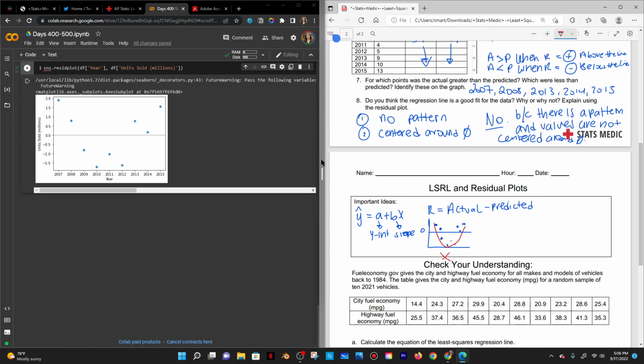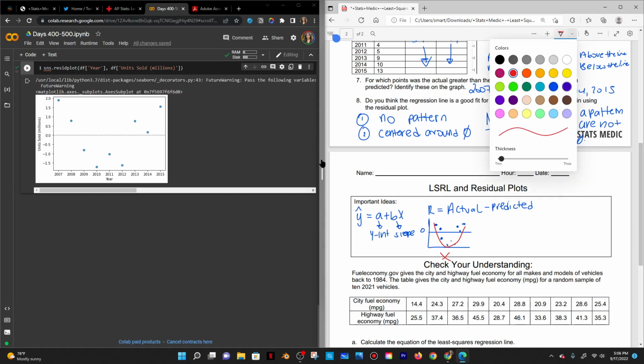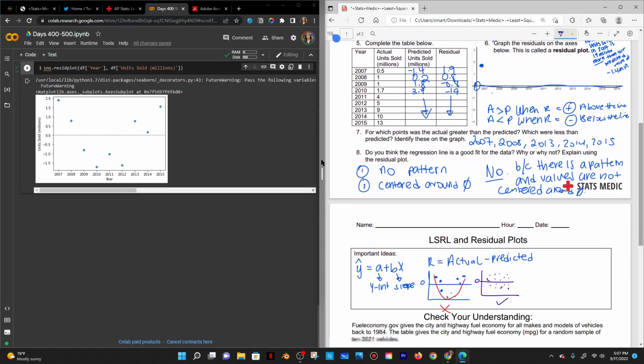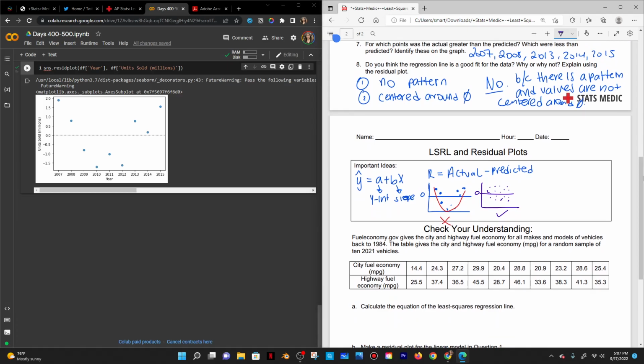So this is a no. But what a really good residual graph would look like is this. This is a good graph because there's no pattern and the data is centered around 0, meaning that your predictions are really close to the actual values from previous data where you actually have the actual number of iPhones sold. So that's the idea.